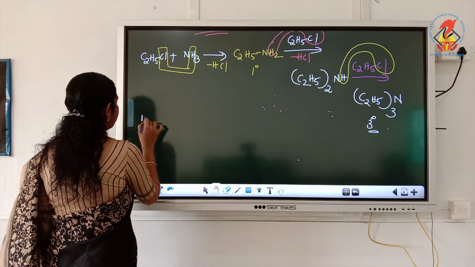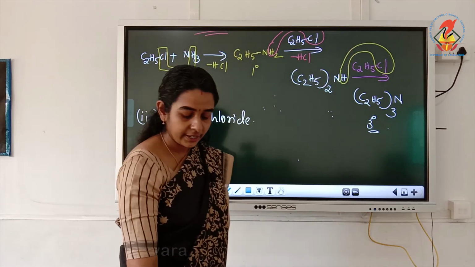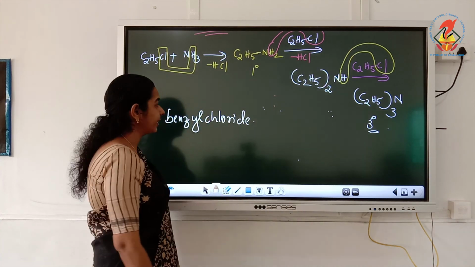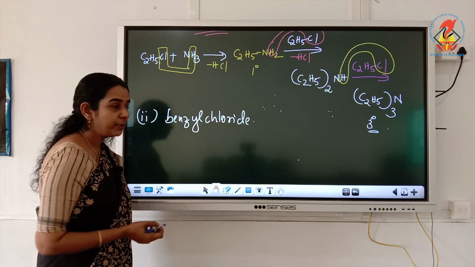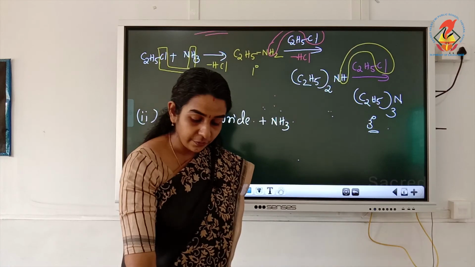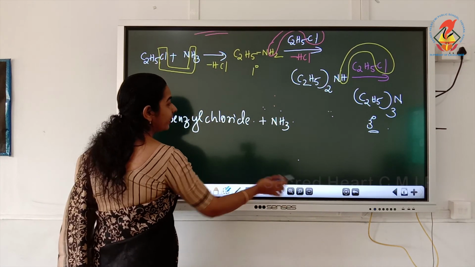Now the second question in this exercise is the ammonolysis of benzyl chloride with ethanolic ammonia, and the amine formed is reacting with 2 moles of CH3Cl. So how can we write the equation?